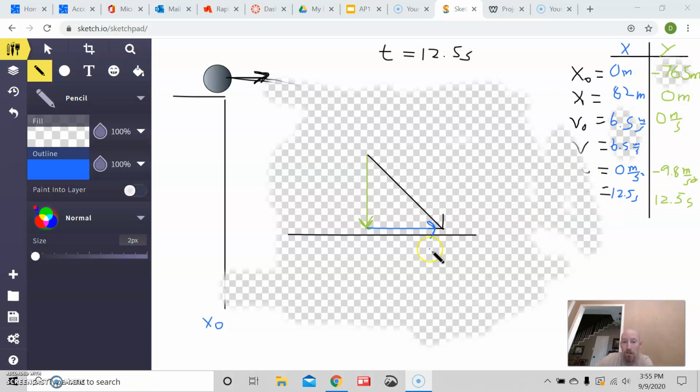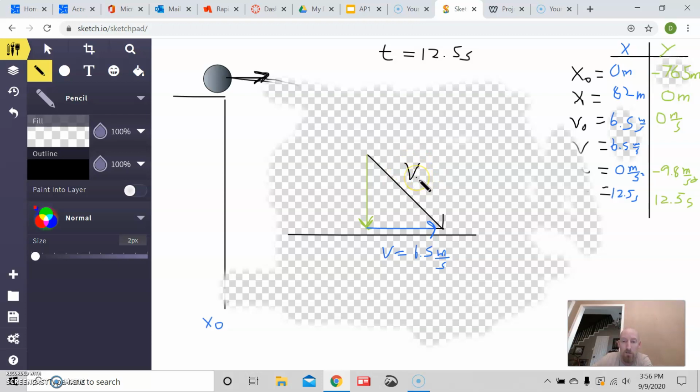So, what would be the speed in the blue part? Well, remember, acceleration is 0 in the x. So our final speed in the blue would be 6.5, which is what we found for our last problem. Here's what this question is really asking you. When I ask to find his impact speed, we are really finding this.